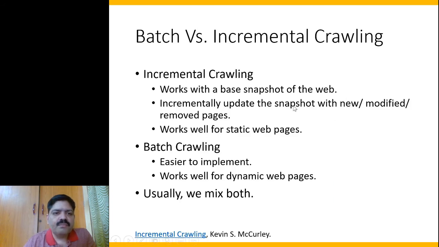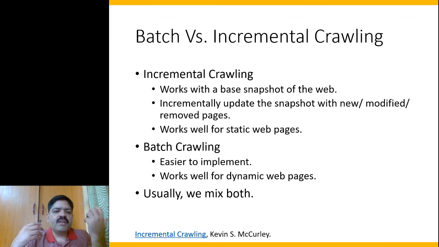We also have batch versus incremental crawling. Let's say a crawl takes 17 days. We don't have to spend 17 days on a crawl and then again after the 17th day start a fresh new crawl for 17 days. That is not the only way that we could crawl. A better way could be incremental crawling.